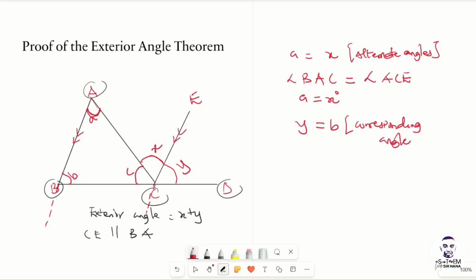angles, right? So when we want to write it in terms of angle, we can say that angle ABC is equal to angle DCE, right? So that implies that if you want to find our X plus Y, it should be equal to A plus B. Based on what we've looked at over here, if you want to find our X plus Y, which is the exterior angle here, right?